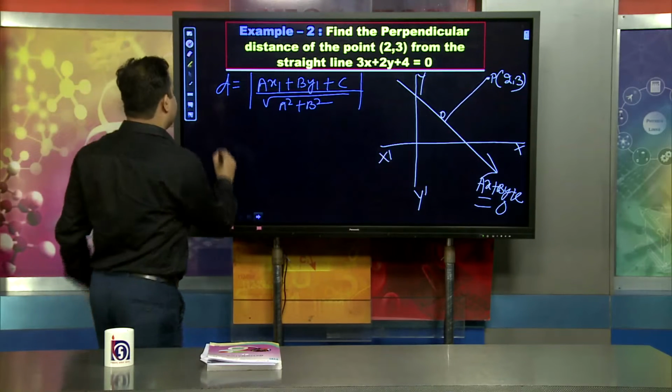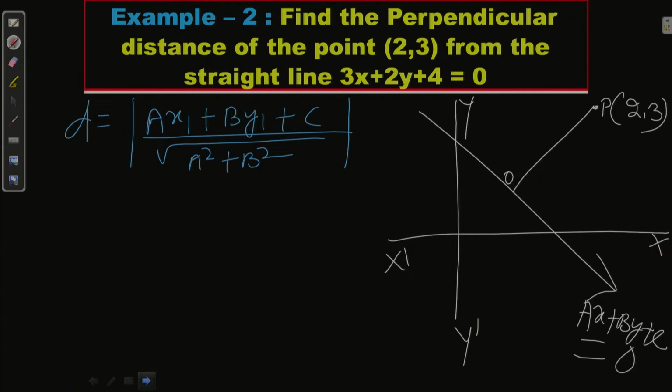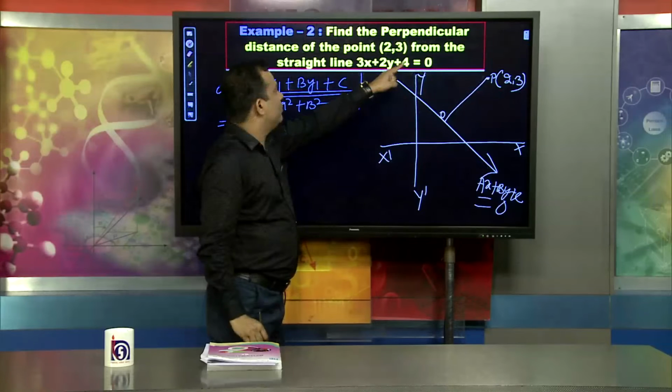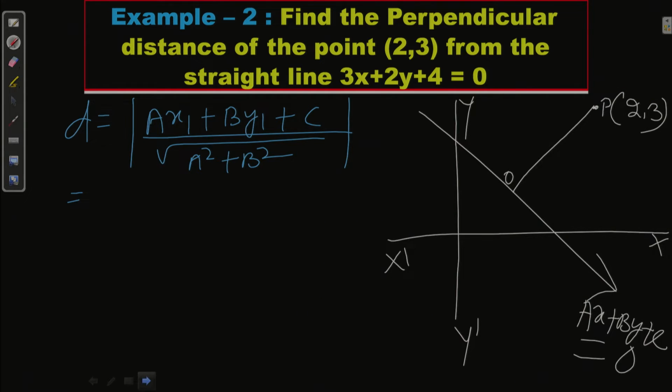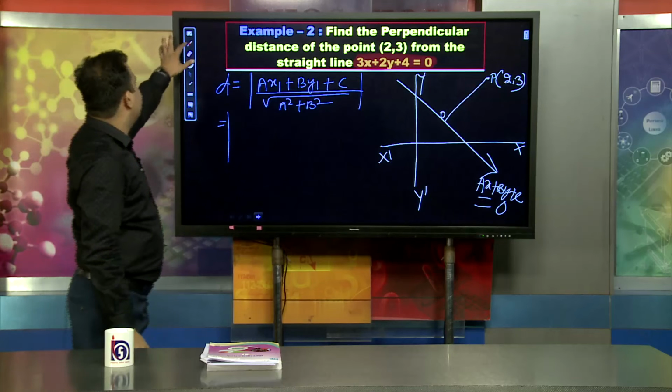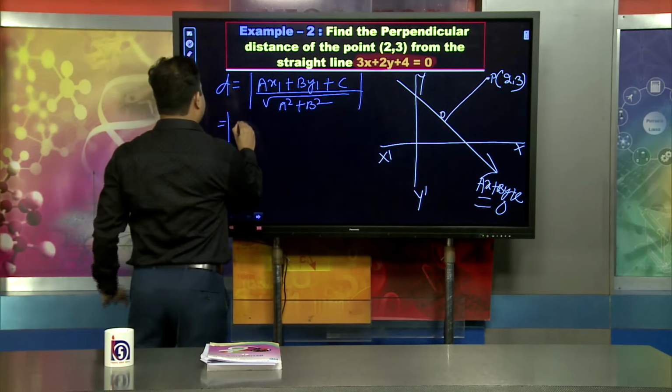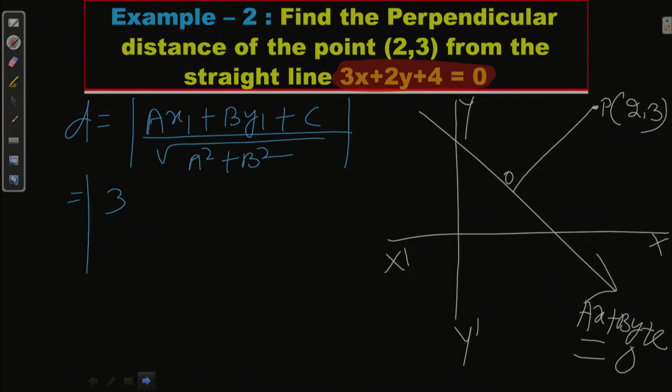Okay. So I can write very simply, the equation of the straight line is given, 3x plus 2y plus 4 equal to 0. So I can write here the value of a is 3. First you understand that this is the equation of the straight line, 3x plus 2y plus 4 equal to 0. So a is 3, into x1, and y1, I can write x1, y1.